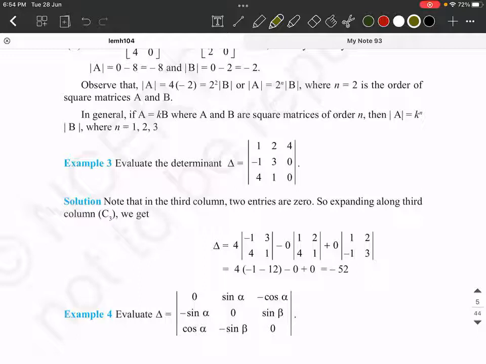Sir, minus 52. So there, what they did is they saw 2 zeros here and they expanded along column 3. But initially, I'll not suggest you to go with it. Go with the initial method that we do.